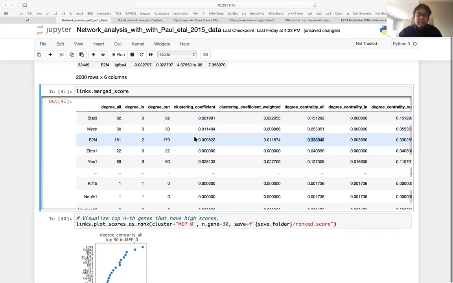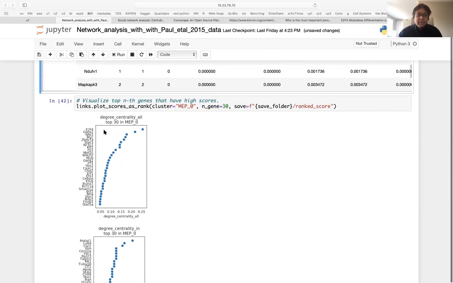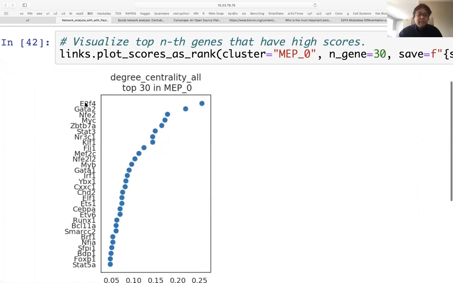So maybe E2F4 has twice as many edges compared to STAT3. In many cases, if a gene has a really high degree centrality score, it tends to be a really important gene.